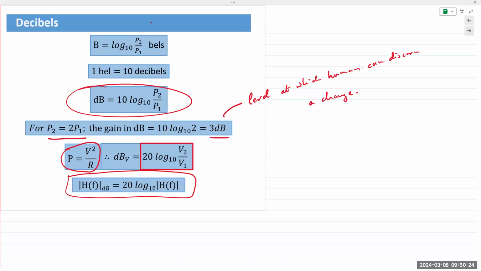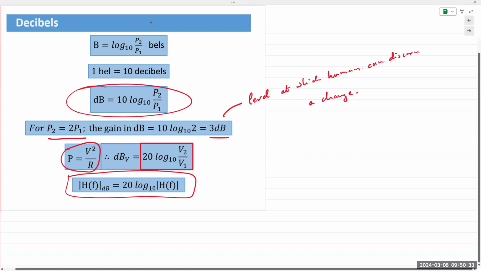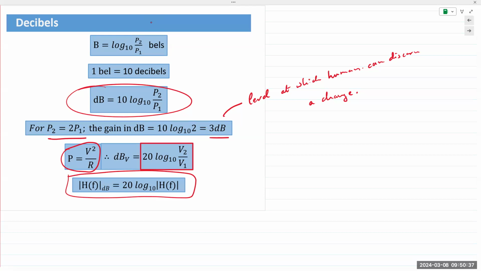And then the y-axis is linear, but the values of the transfer function are compressed by displaying them in decibels. The equation is 20 log to the base 10 of the magnitude of the transfer function H of f.